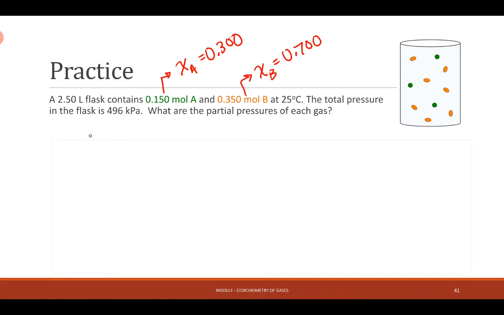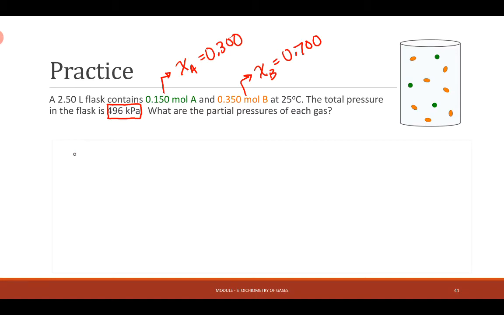So to find the partial pressure, what we can do is take our mole fraction and multiply it by the total pressure. So let's see, what's the total pressure? The total pressure is given to us right here.